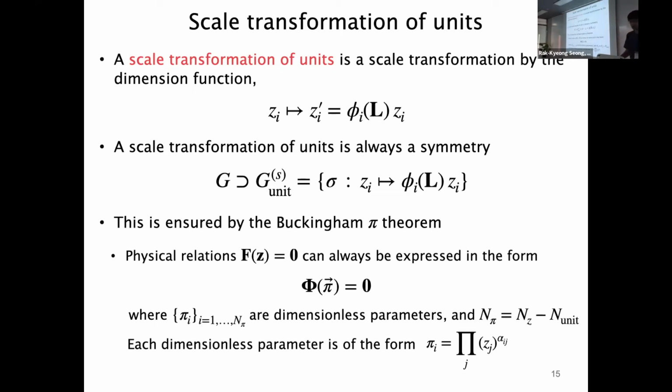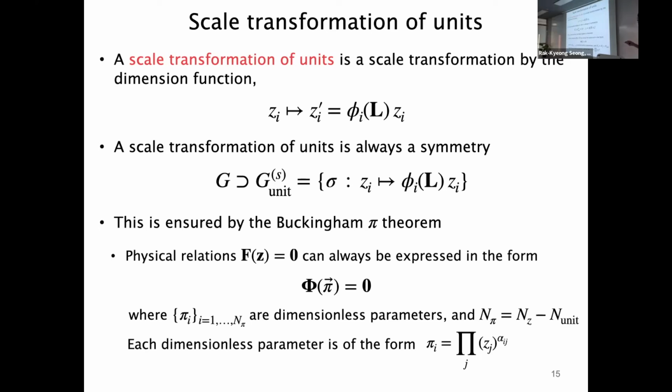And we can see that this scale transformation of units is always a symmetry. So if we denote all the scale transformations of the units by G sub unit, it is always in the subgroup of the whole symmetry group.